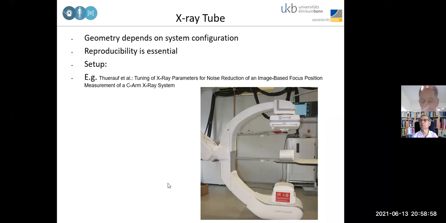I will give you here a setup from Mrs. Türhoff et al., where you can see how they typically put the phantom in the isocenter, usually the X-ray tube at the lower bottom and the detector at the higher part. That would be one possible setup that you could use.